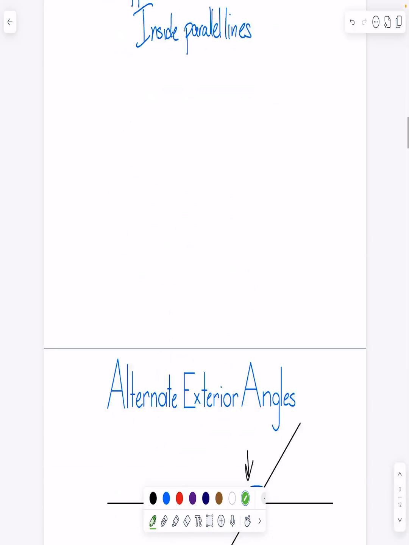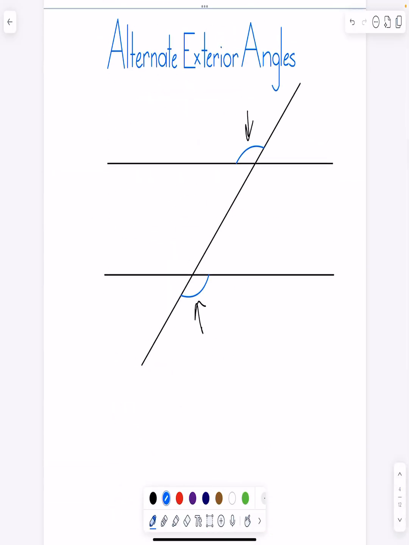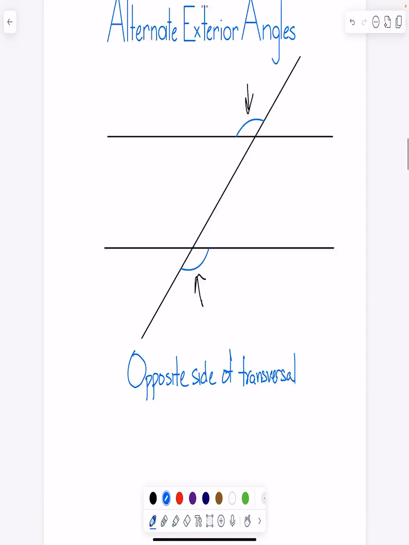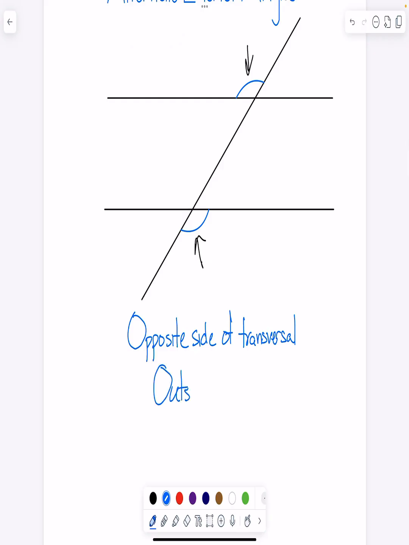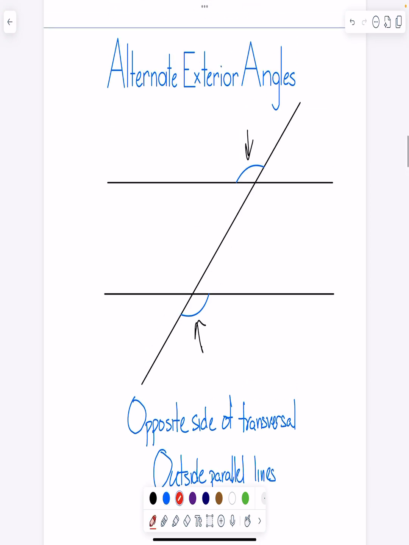Then I could also have alternate exterior angles, on the opposite side of the transversal. But these form outside the parallel lines. In this case, denoted by the black arrow, you can see alternate exterior.